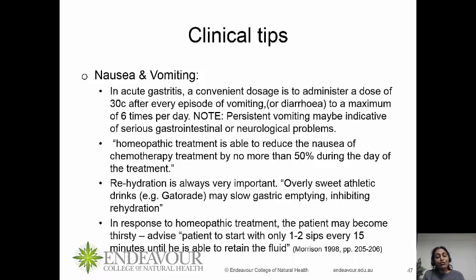Now, homeopathic treatment is also able to reduce the nausea due to chemotherapy. Okay, and Morrison says that homeopathic treatment can reduce the nausea by no more than 50% during the day of the treatment.